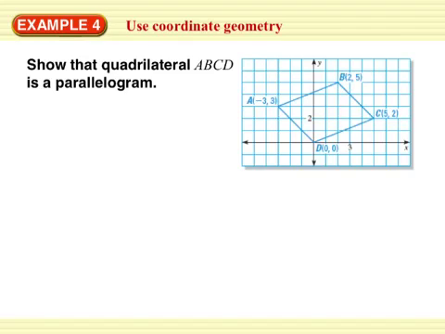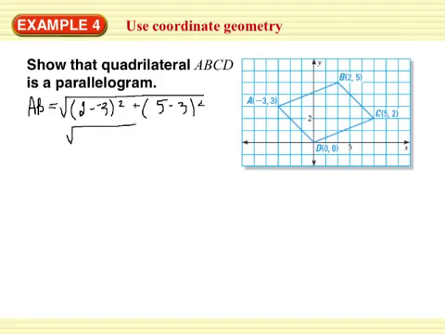So let's do AB and CD. So I need to know the distance of AB. And then we have the distance formula. So if you remember, it's x minus x, 2 minus the negative 3 squared, plus y minus y, 5 minus 3 squared. 2 minus negative 3 is 5 squared is 25. 5 minus 3 is 2, squared is 4.